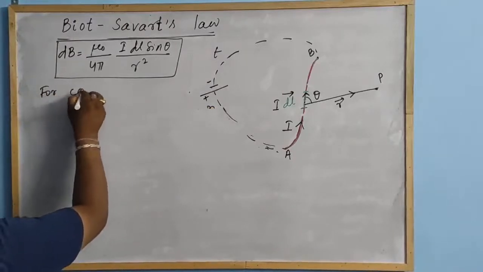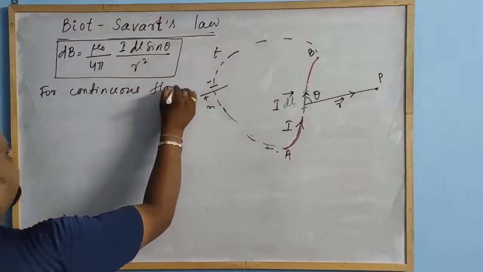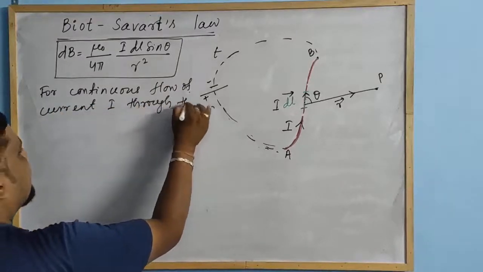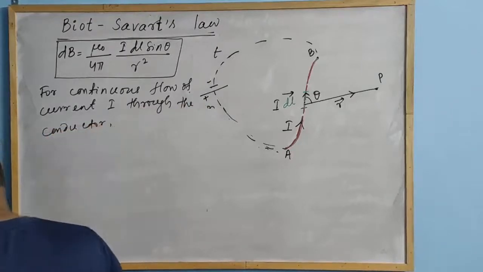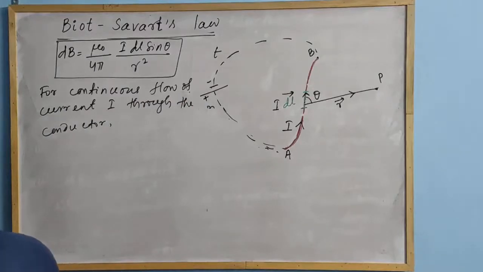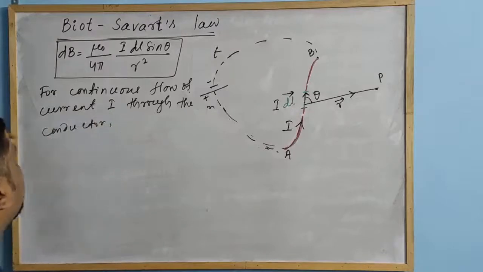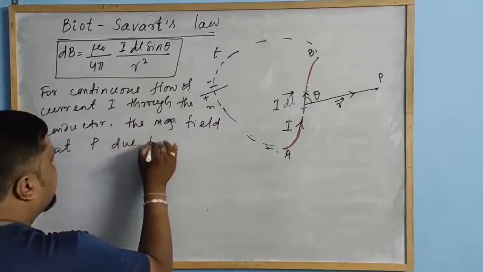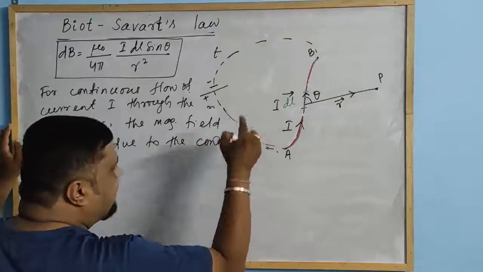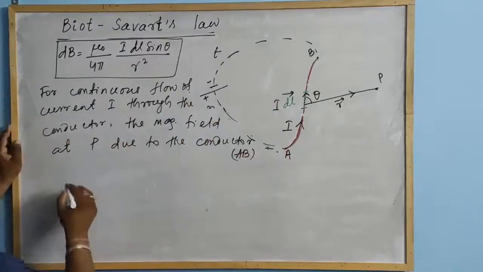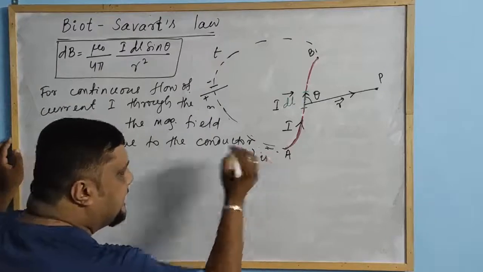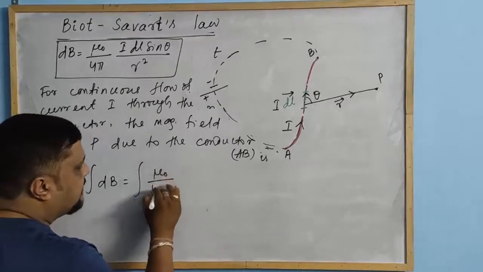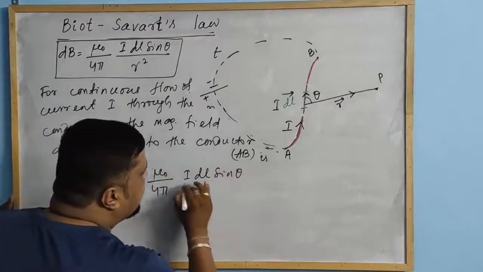For continuous flow of current I through the conductor, the magnetic field at P due to the conductor AB, not the element, is B equal to the integration of dB, which equals the integration of mu naught by 4 pi I dl sin theta by r square.